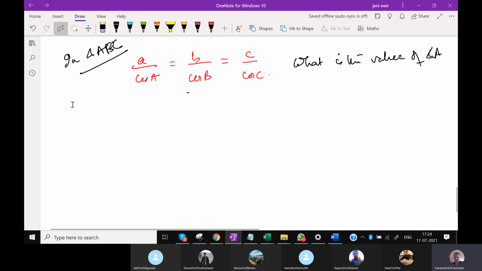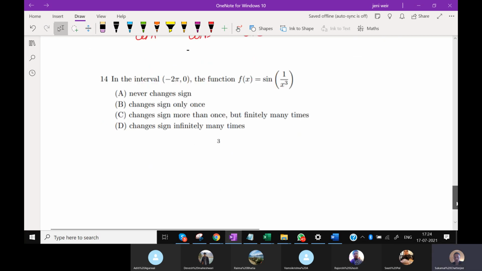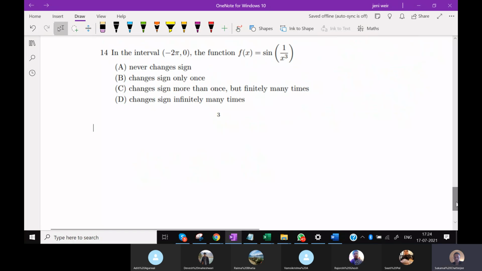Now the next one is a very important concept that many people don't understand. Before I do this, you should be very clear about inequalities.